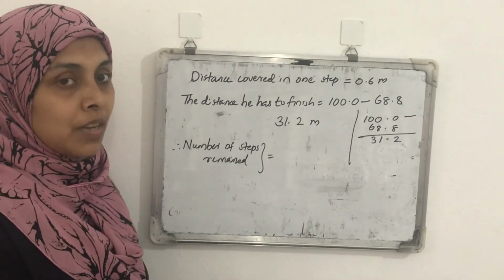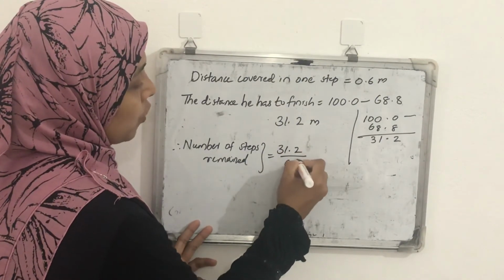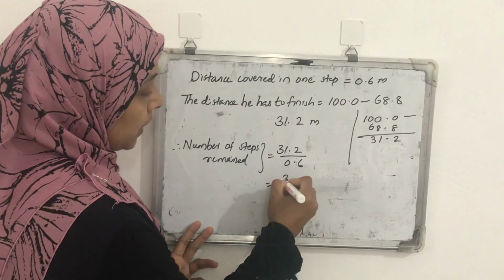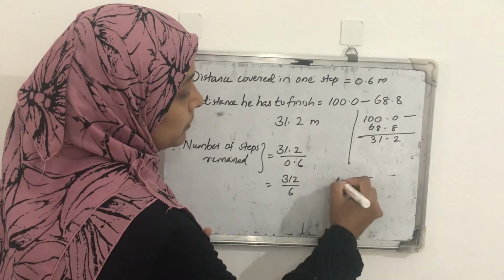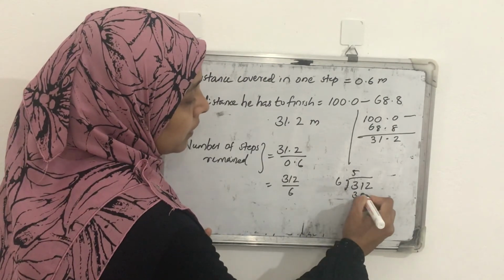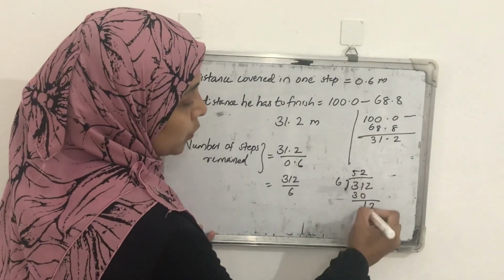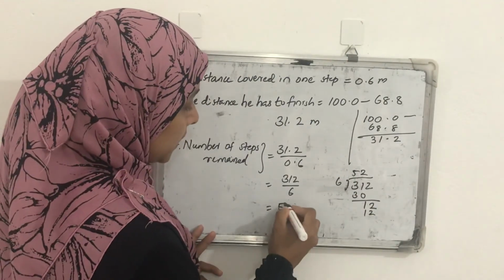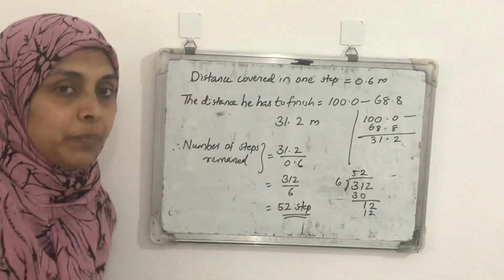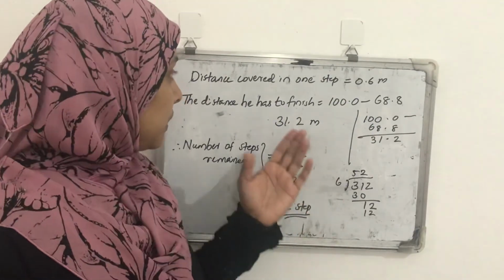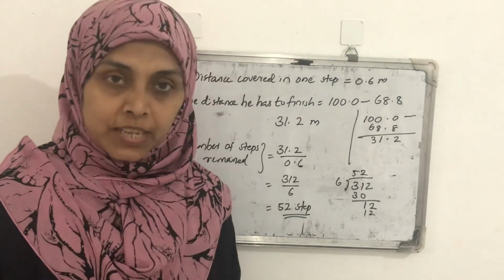By division: 31.2 divided by 0.6, which is simply 312 by 6. Then divide this. In 12, how many 6s are there? 2. 2 into 6, 12. So how many steps does he have to take to finish the race? 52 steps. Okay, so these are the word problems related to multiplication and division of decimal numbers.